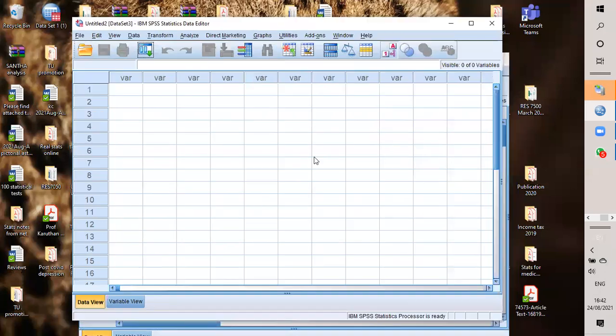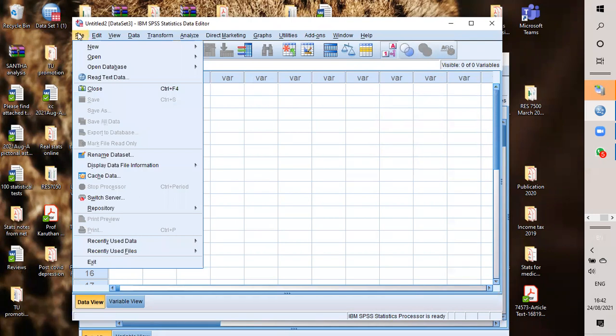Okay, right bottom here, does it read IBM statistics is ready? Yes. I go to file, open, data.